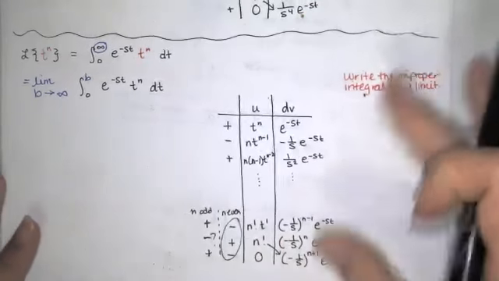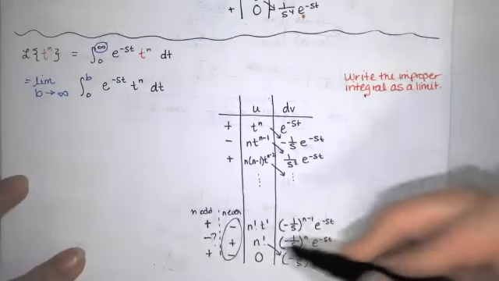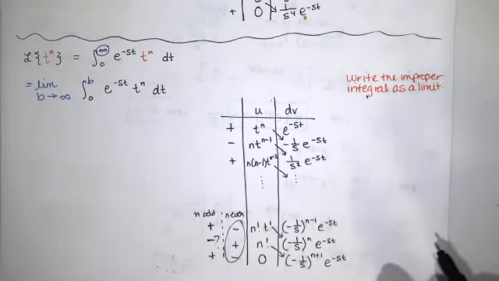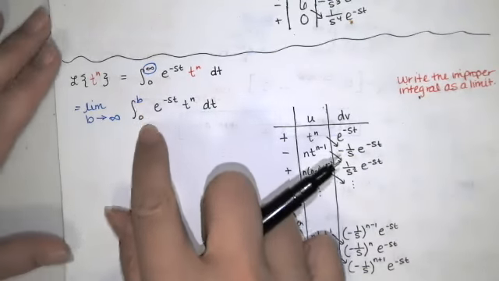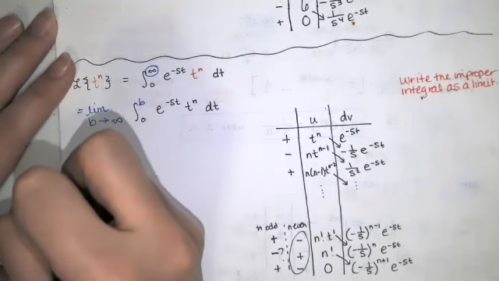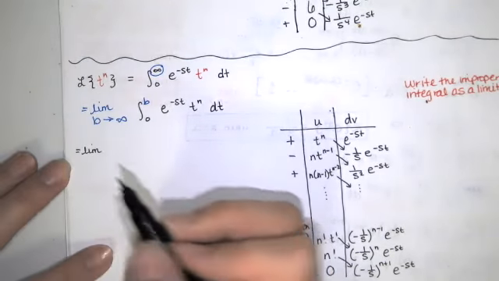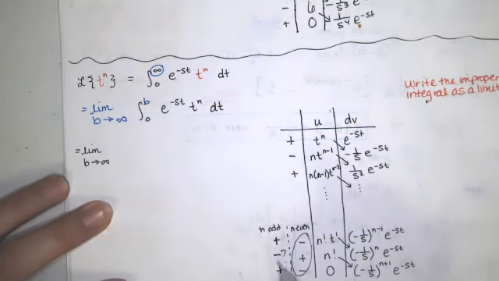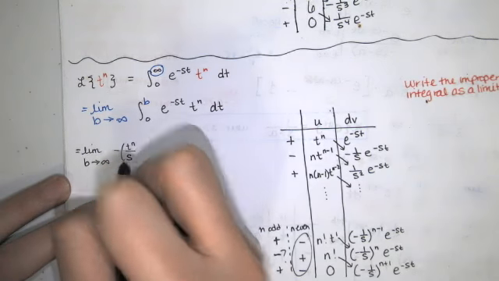But now we're going to multiply across these diagonals, right? And then factor out the -1 and factor out the exponential. And then we'll substitute in b and 0 and subtract and then take the limit of the result in order to find the Laplace transform of t to the n. So we end up with a -1 times t to the n over s.